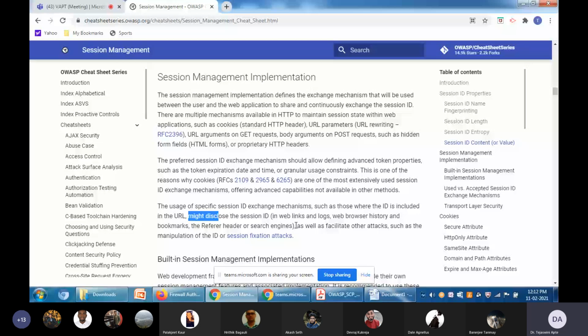Just go through the session management implementation to maintain the session state. How are you maintaining the session state?